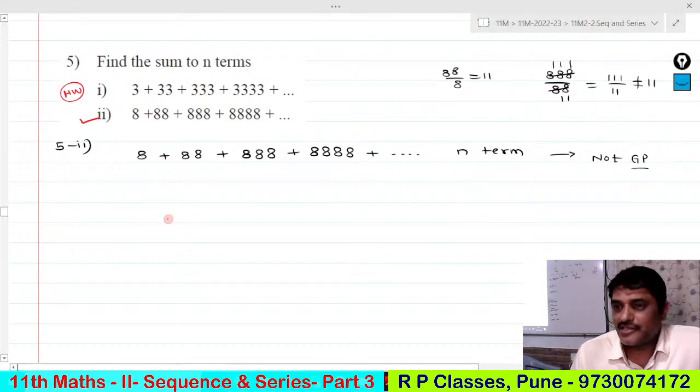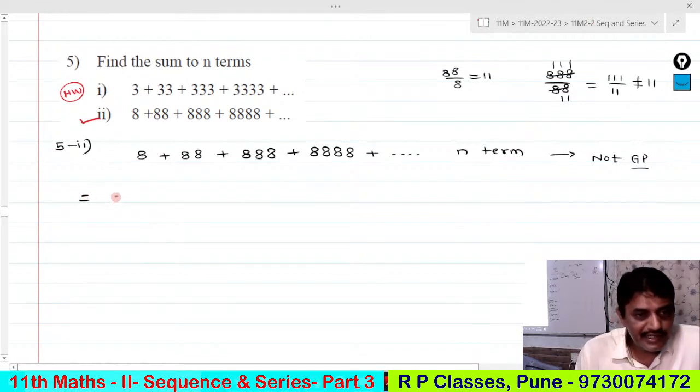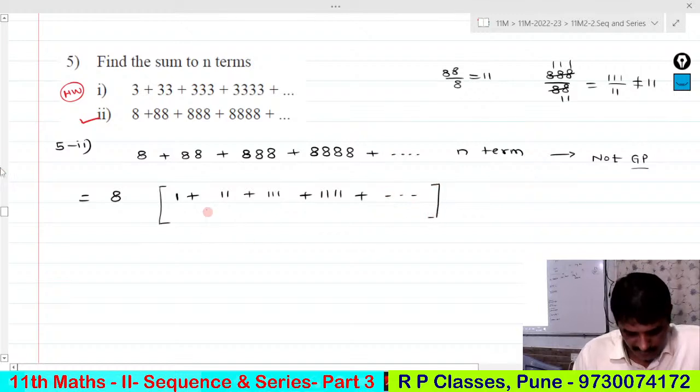तो मुझे इसको जीपी में अरेंज करना पड़ेगा. तो what I will do is I will take 8 common from everywhere. क्या मिलेगा? 1 plus 11 plus 111 plus 1111 plus dot dot dot. सही है. Now I will multiply and divide by 9. क्यों? बस ऐसे ही अच्छा लगता है.